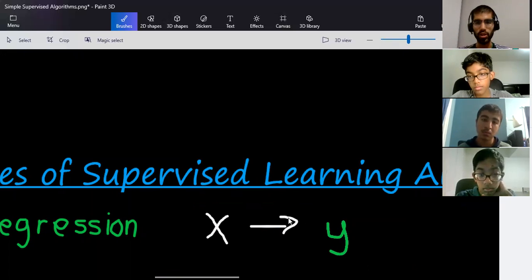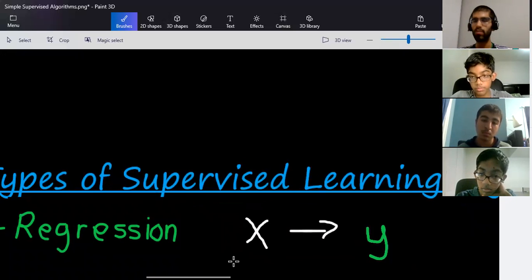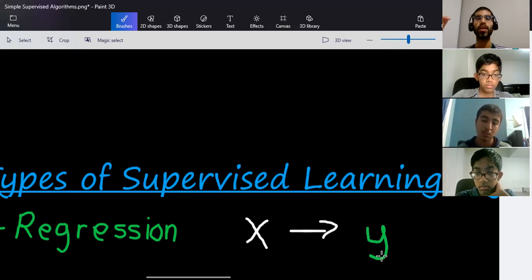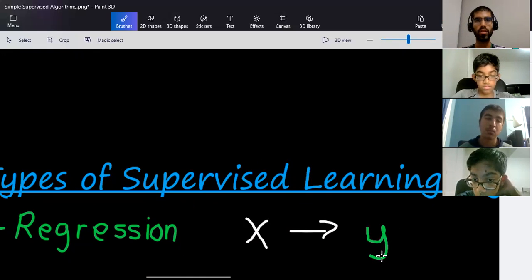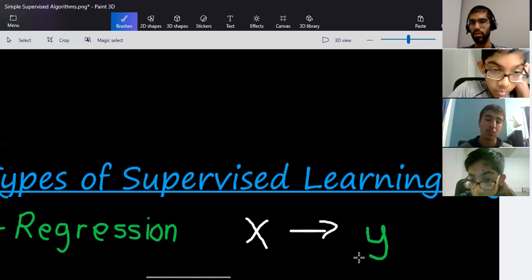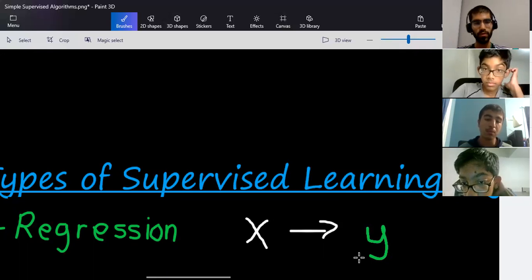That's what the goal of the regression algorithm is, to take some input data x and then map it to some output data y, where the output data y is a continuous variable. So for example, when we talked about the temperature prediction, another one might be, let's take in data about a house, like the number of bedrooms, the size of the house, and then map it to the price of the house, where the output is a continuous value.